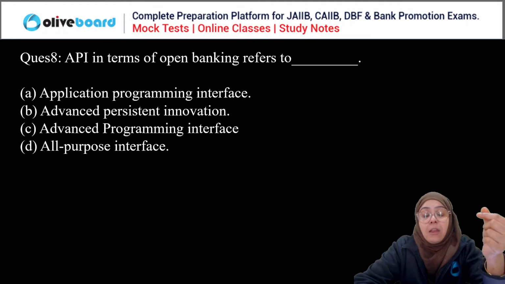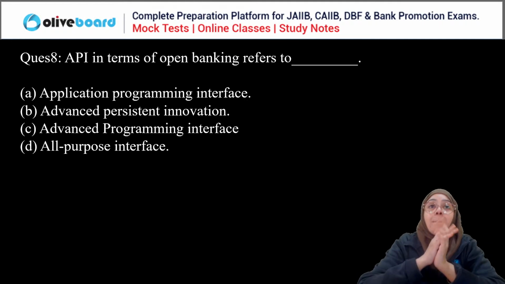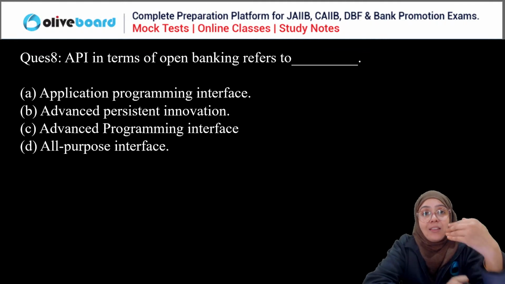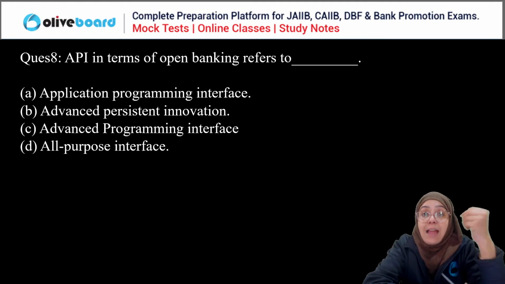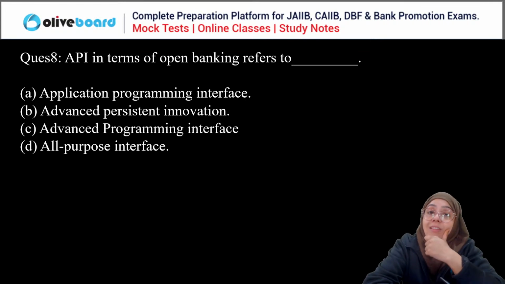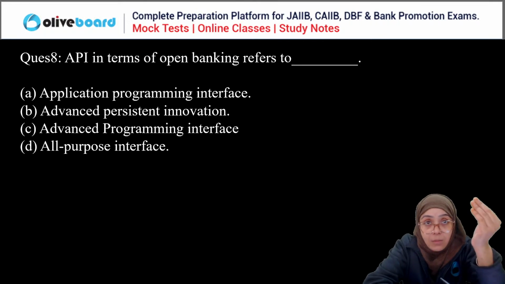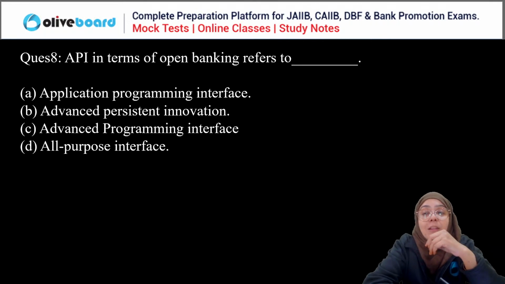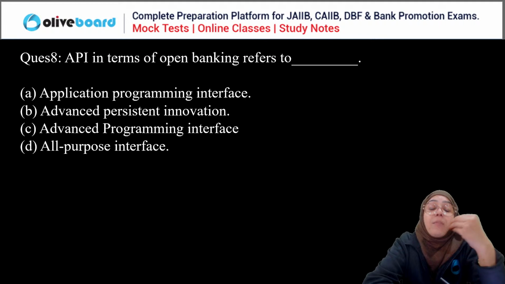So, what is open banking? In open banking, the customer gives their consent that the bank can share the customer's financial information with any third-party app or service provider, so that the third party can give the customer information according to their preferences.